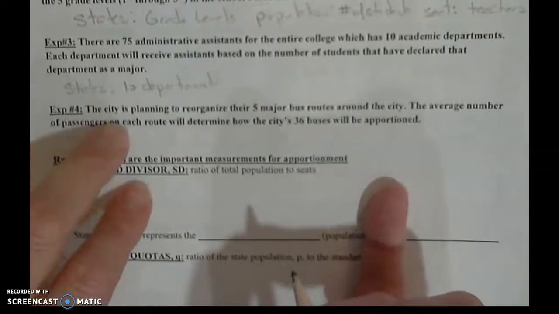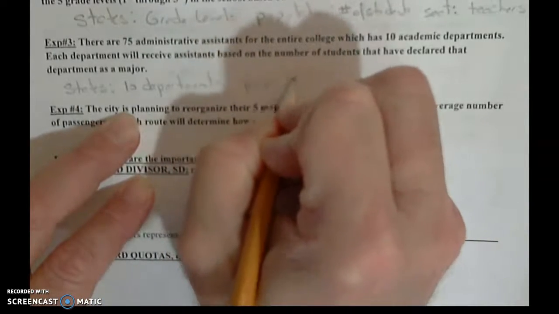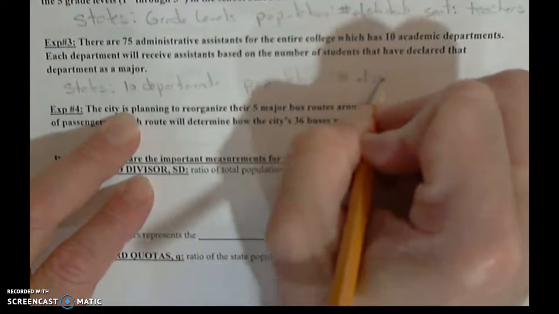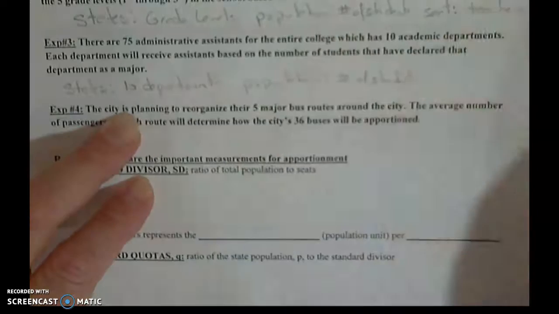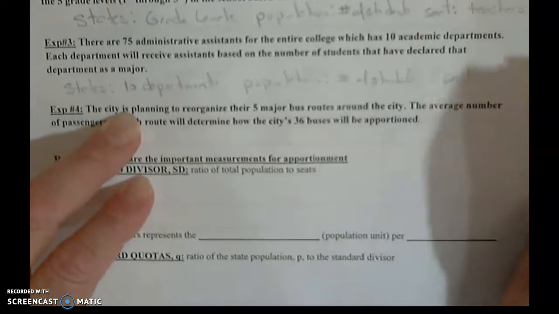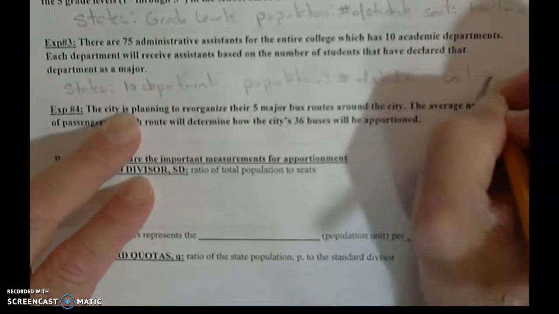The population, how is it getting broken up again? By the number of students in each department. And then the seats, the what is given out, would be the assistants.